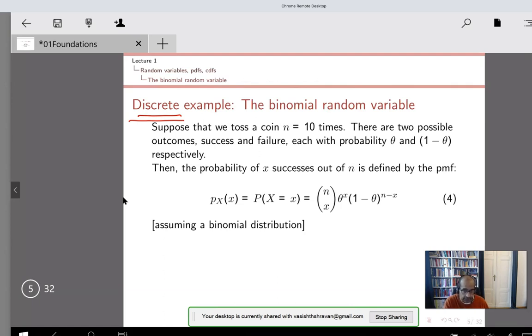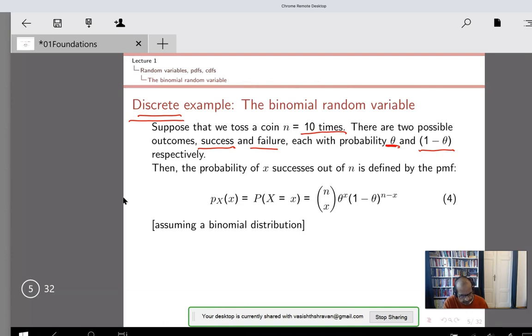So this is a situation where we are doing the equivalent of tossing a coin n times. So imagine that you toss a coin 10 times, and imagine that there are only two possible outcomes, success and failure, and the probability of getting a heads, so the probability of success, is some number theta, a number between 0 and 1, and therefore the probability of failure, of not getting a heads, is 1 minus theta, right?